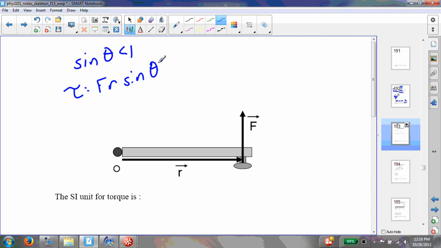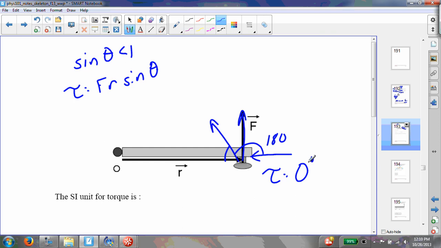So if I apply a force in this direction, that will give me maximum torque. However, if I apply a force in this direction, that gives me less torque, because this angle now is smaller than 90 degrees, and the sine of theta then is smaller than 1. And then if I apply a force in this direction, well, this angle is 180 degrees, and the torque then provided by that force is 0.